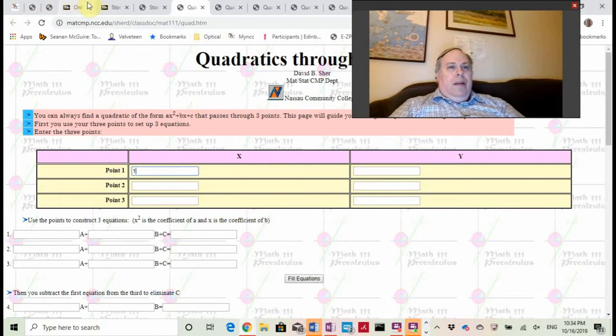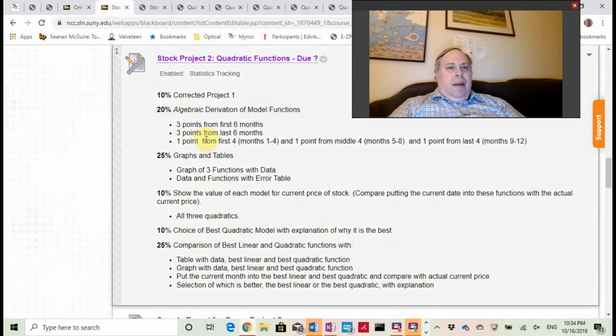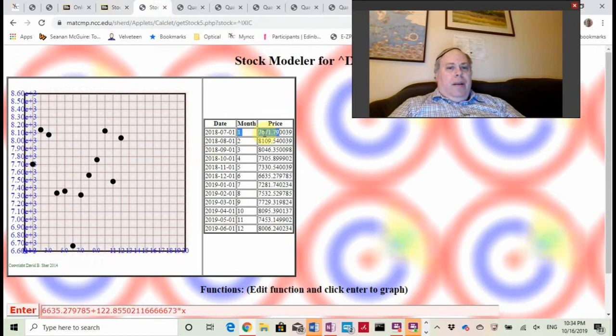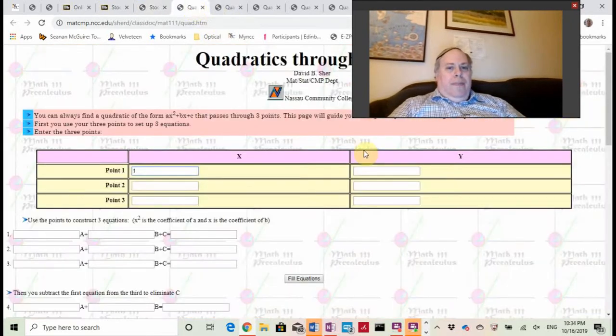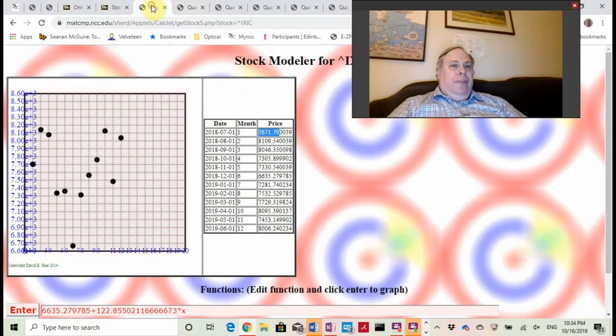I'm going to take this part of it, copy and paste. Then I'm going to take months 4 and 5 and copy and paste them into this gadget here. These numbers are not at all neat.